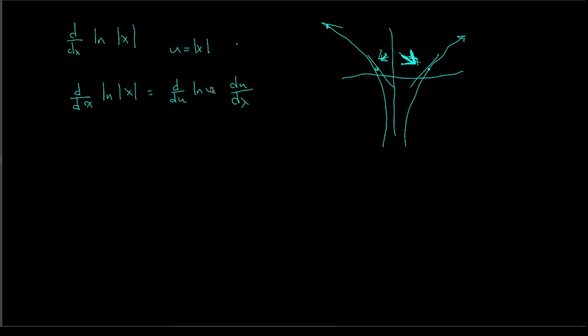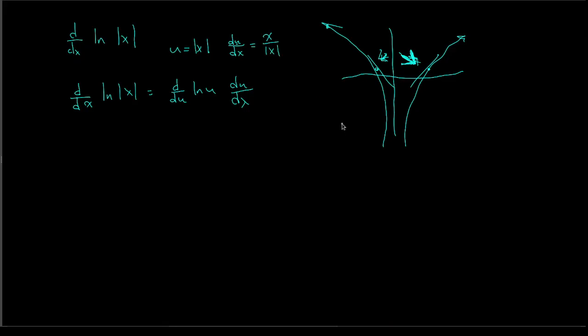The derivative with respect to u times the derivative of u with respect to x. So du/dx, for the derivative of the absolute value of x, is going to be x over the absolute value of x.